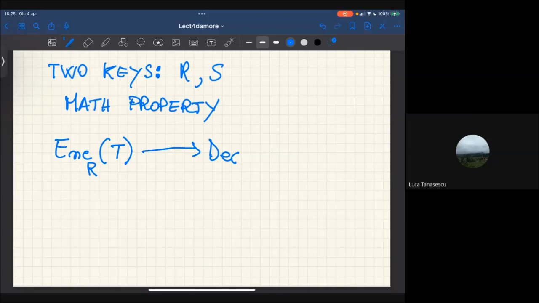Let me use another symbol. The encryption of T is T prime.